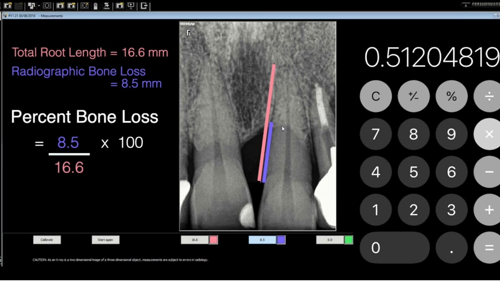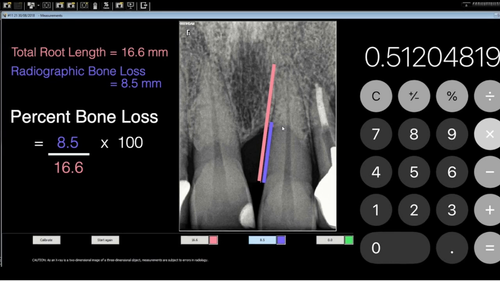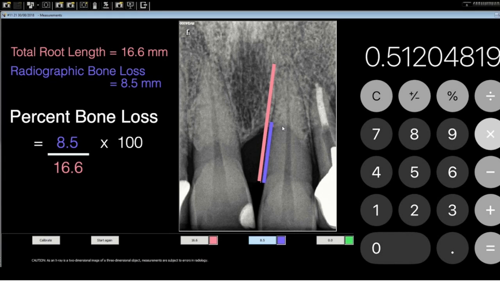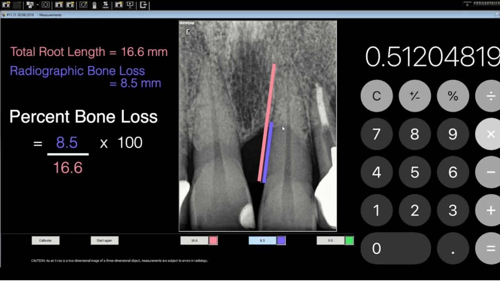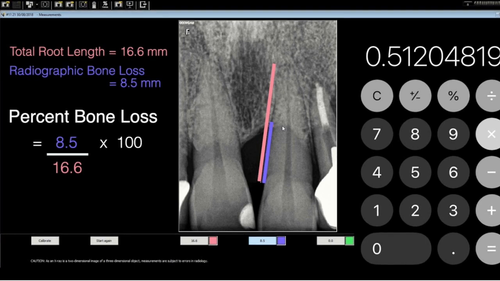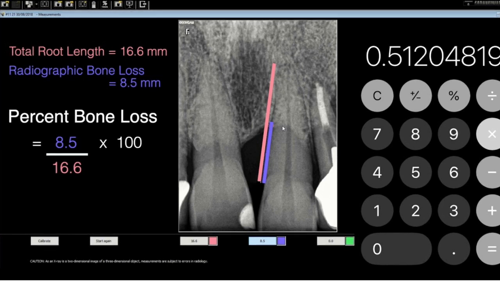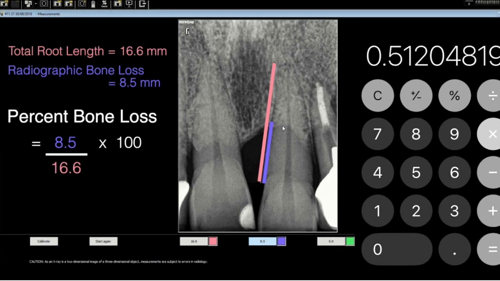Now, if you remember, for the grading of periodontitis we have the bone loss per age. So the bone loss, we calculated it. Now we divide by the age of the patient. So 0.51 divided by the age of the patient, in case that he is, for instance, 58 years old, will give us the bone loss per age under the grading of periodontitis.